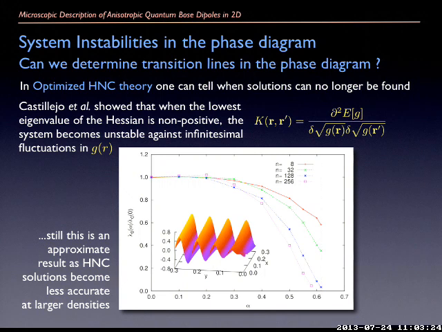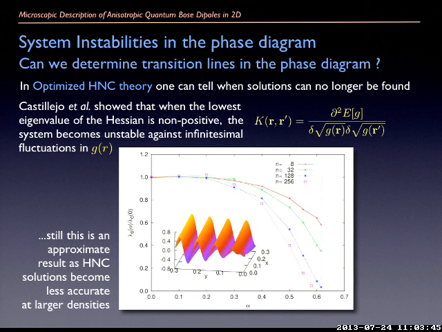So the only thing I was saying is that HNC at this point shows that optimized HNC is not able to find a solution anymore. That's the only thing I was trying to claim. But if it doesn't find a solution, that does not mean it collapses. It could be whatever it is. HNC is an approximation, and also this is HNC 0.